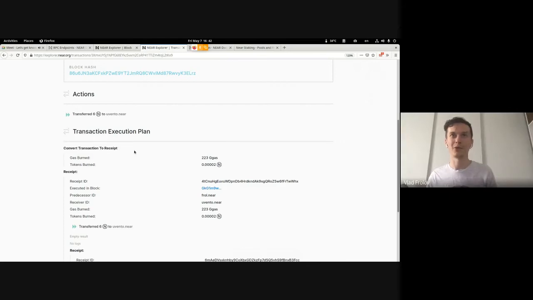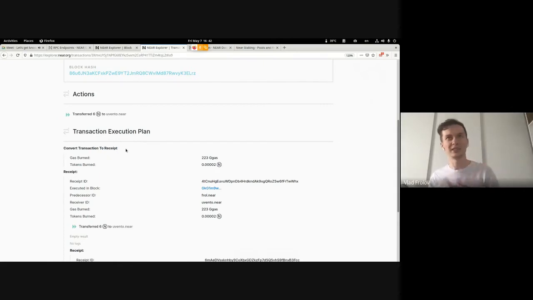So first thing, what happens with this transaction is that we convert the transaction to a receipt. Internally, the whole operation on the blockchain level happens with receipts. It's an entity that we use. It's called receipt.